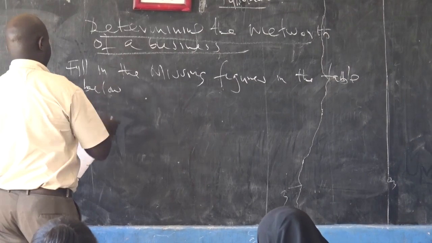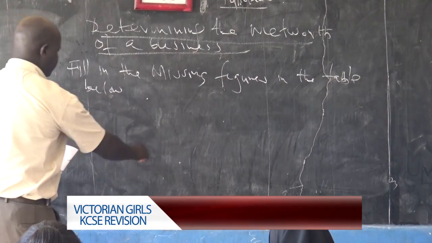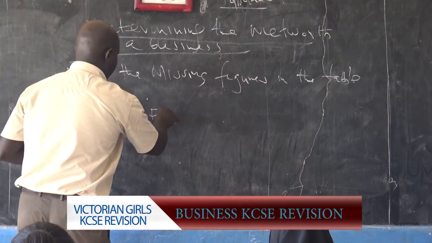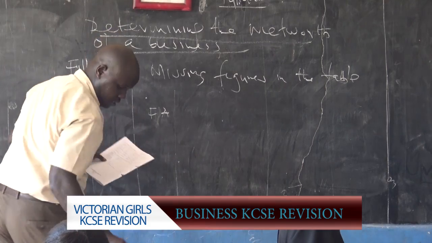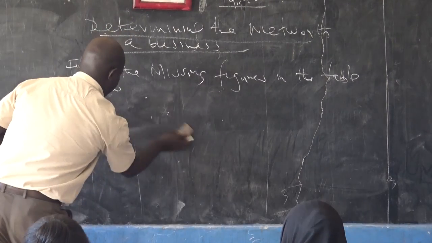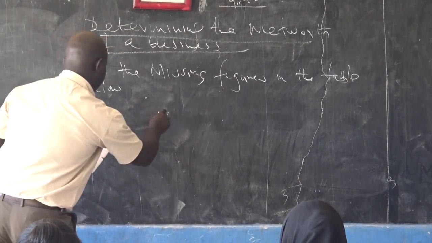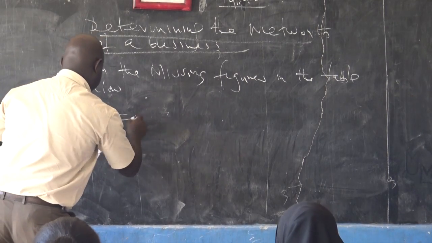Now, in this table, we have FA, that's fixed assets.